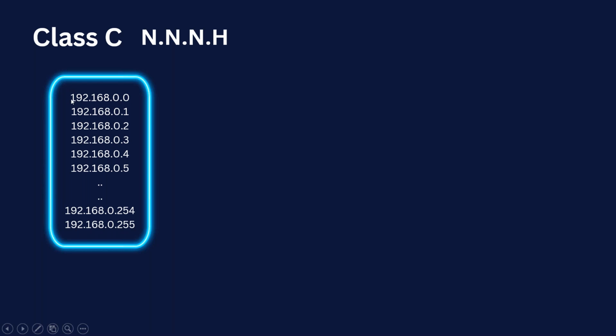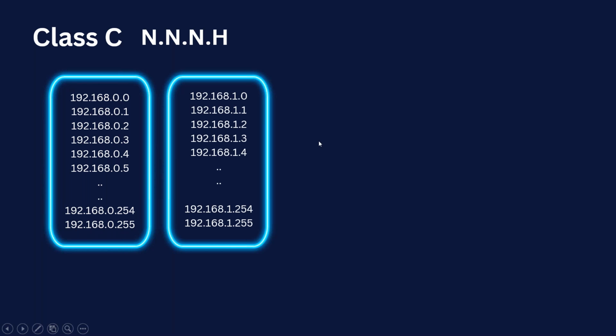So the network is 192.168.0.network, and in that network, this is the first host, the second host, the third host, the fourth host, the fifth host. As such, you can connect 255 hosts. But as soon as the network portion changes, let's say when this reaches the maximum number 255, this 0 changes to 1. And when it changes to 1, the network divides over there.